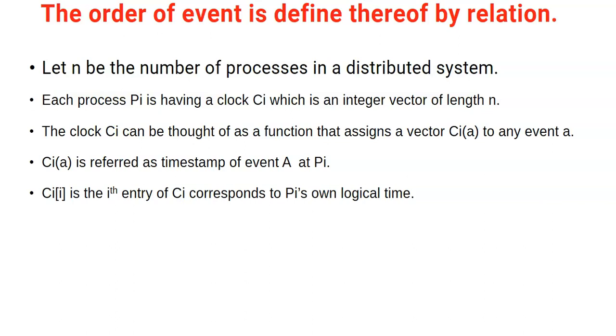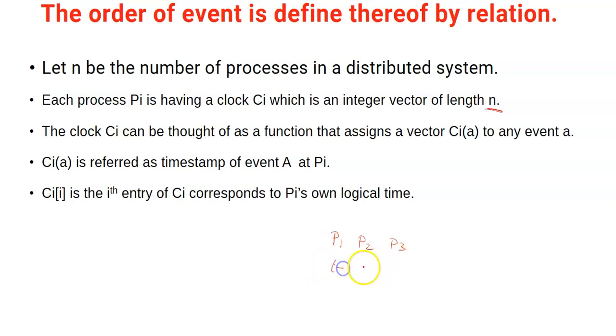where n number of processes are considered in a distributed system, each process having its own set of events and also associated with the clock Ci, which is an integer vector of length n. So if there are three processes P1, P2, P3, then the length of the vector is 3.